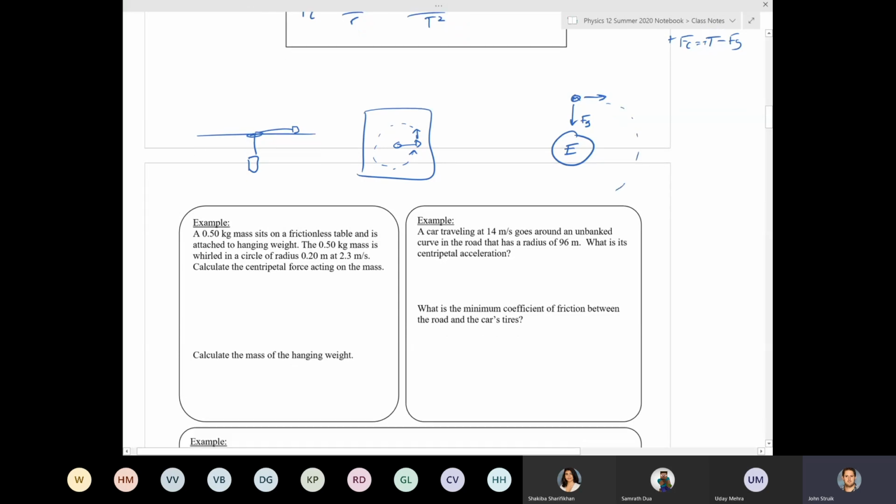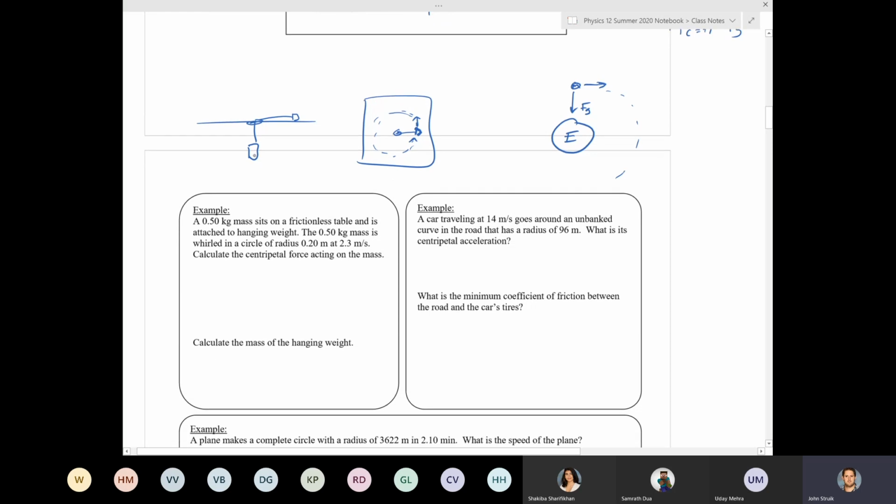Okay, because it's moving tangent. So if you throw this mass tangent to the center of the circle, it'll keep moving tangent to the circle because there's a force pulling it towards the center all the time. Okay, and that's caused by the hanging mass, this FG right here. So that FG is going to cause a tension in the rope. That tension is going to be over here, and this is going to be our FC. Okay, this tension right here is our FC.